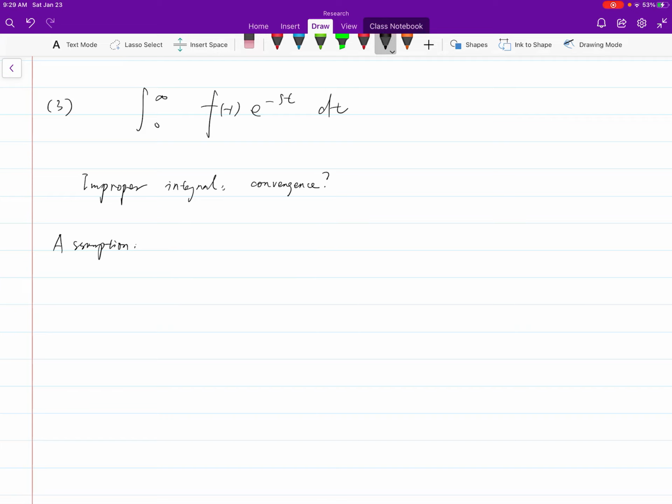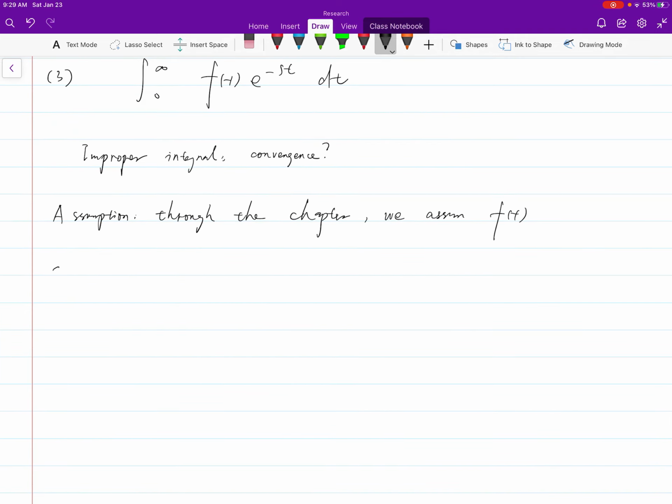So through this chapter, let me write it clearly, we'll assume f(t) is at most exponential.